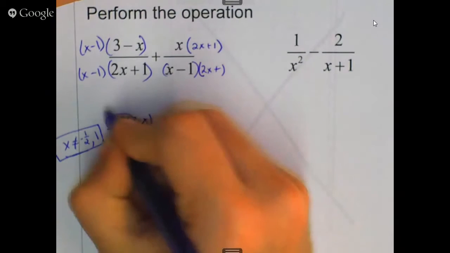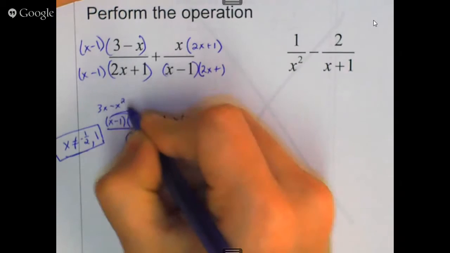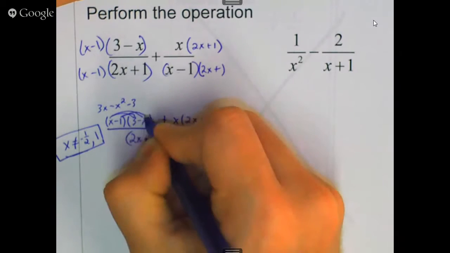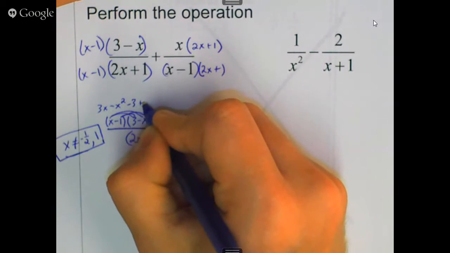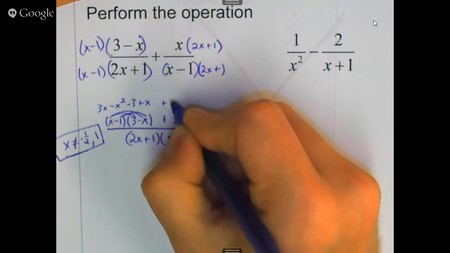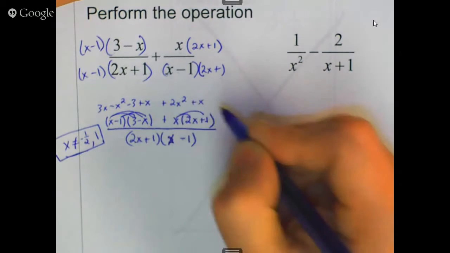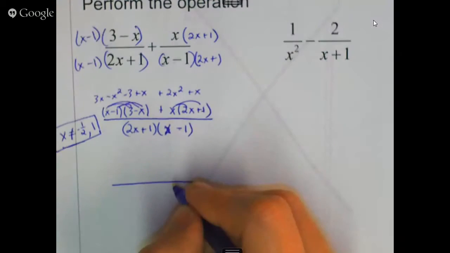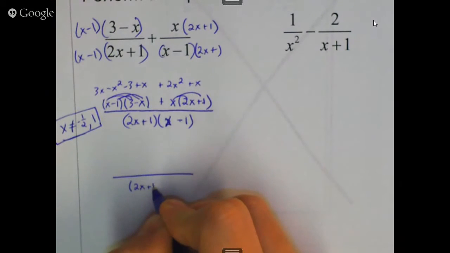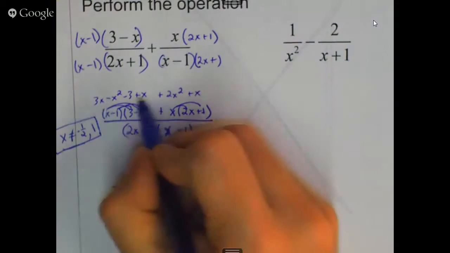x times 3 is 3x. x times negative x is negative x squared. Negative 1 times 3 is negative 3. Negative 1 times negative x is plus x. Plus 2x times x is 2x squared, and x times 1 is plus x. So I still have my common denominator here, (2x plus 1)(x minus 1). Now I combine like terms up here.